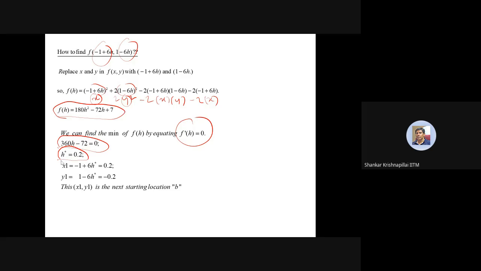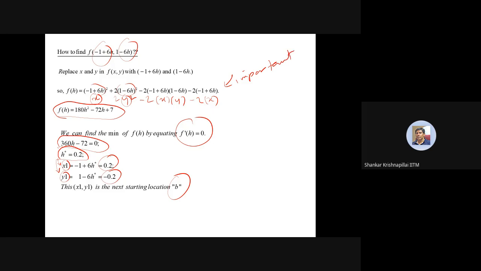And then you can back substitute it in this relationship, and you can convert the h value into the corresponding x1, y1 value. So this is 0.2, minus 0.2. So this is the next point b. This is very important.